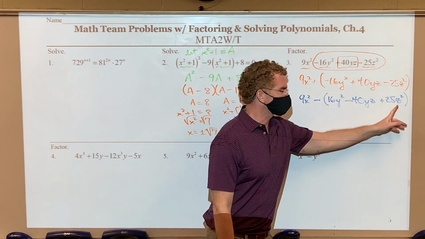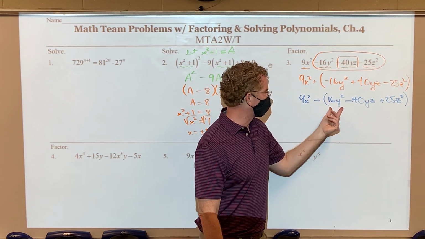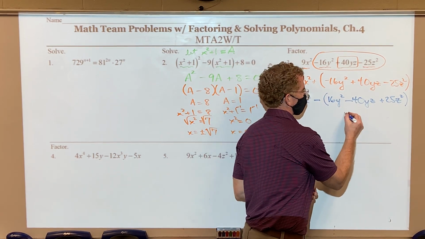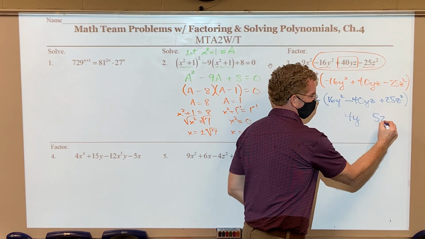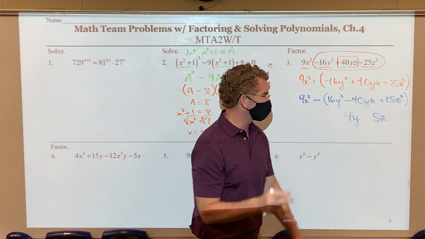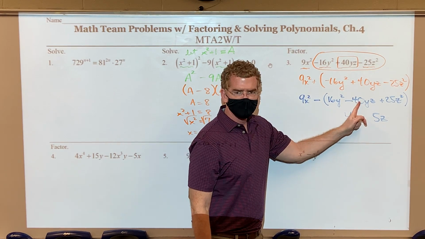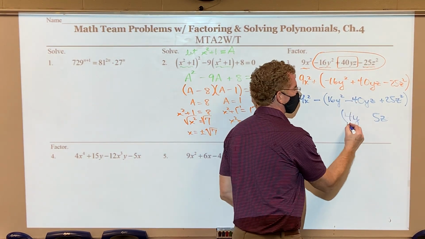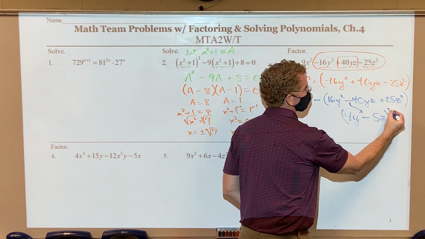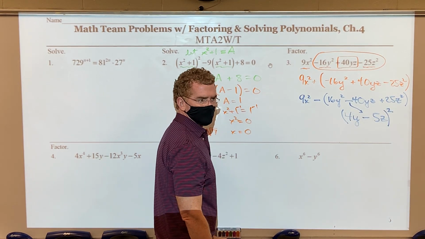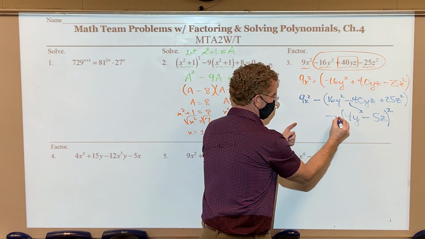Positive on the front, positive on the back, and if I do the check, 4y, 5z, if I multiply those and double it, do I get the middle term? Then all I have to do is take that 4y and the 5z, put the sign of the middle in there, and square it, and that's how it factors. And then I just drop everything else down.